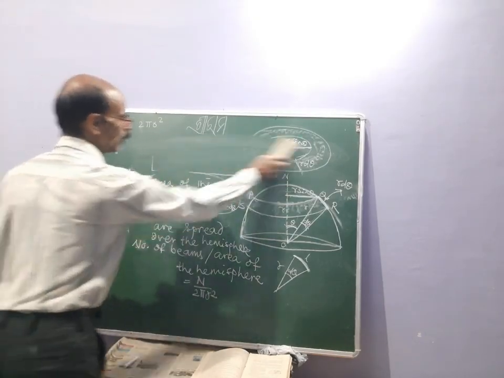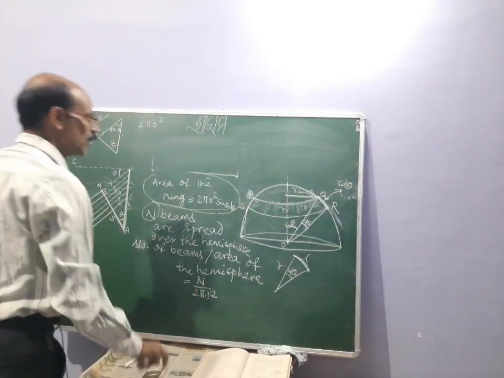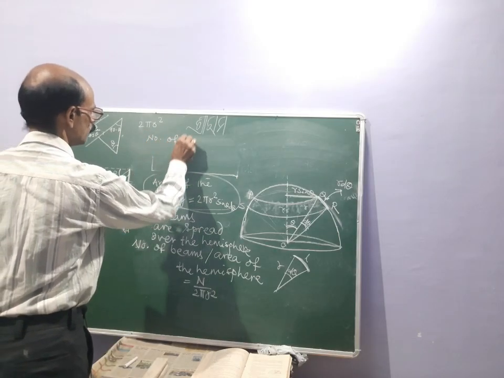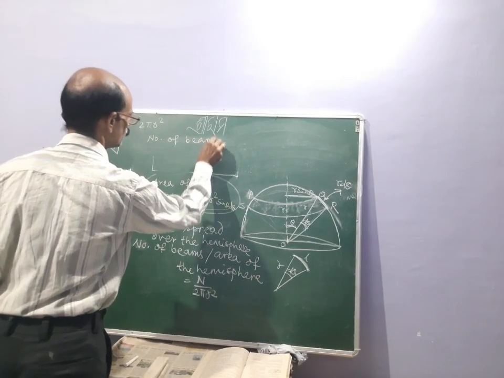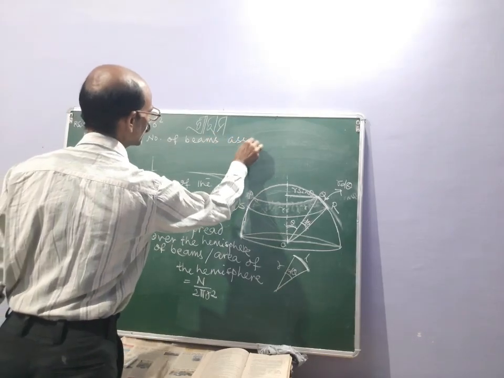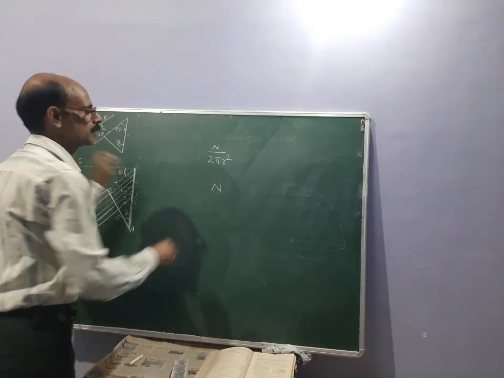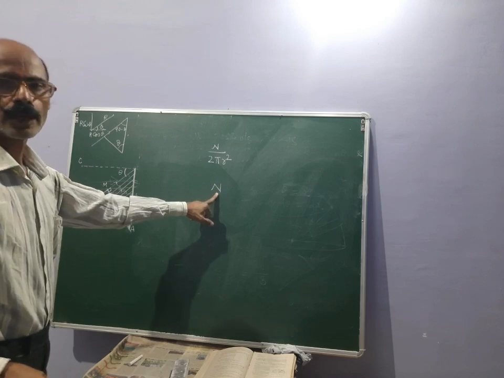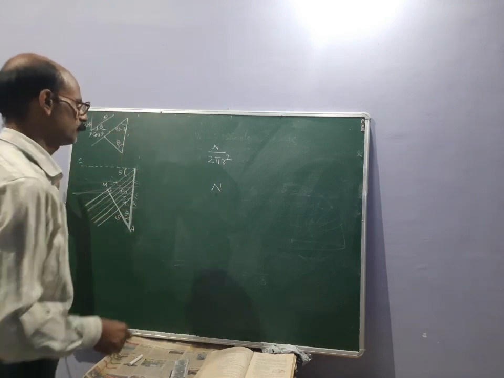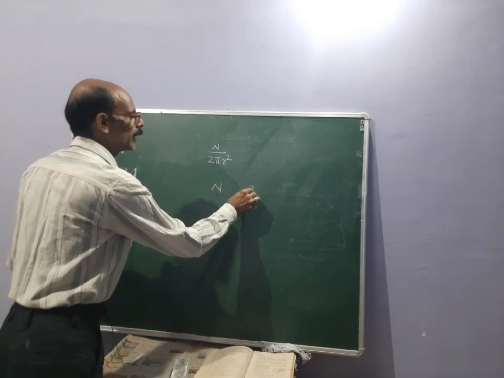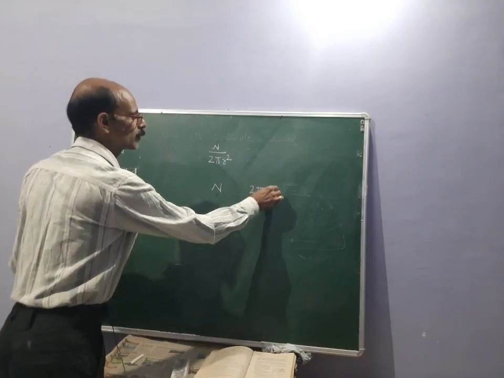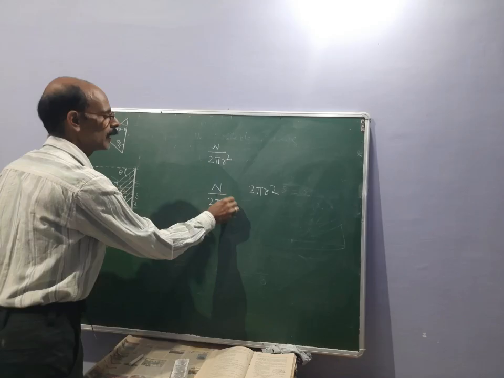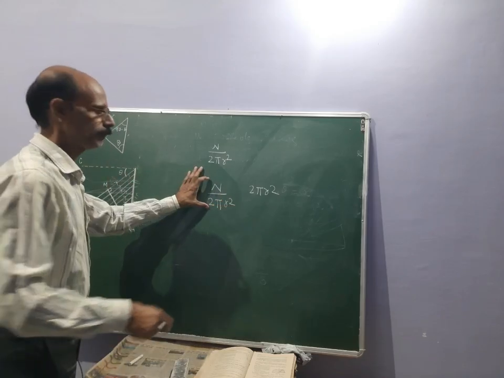See, n is the total number of beams associated with the whole hemisphere, and the area of the hemisphere is 2πr². Then n by 2πr² gives the number of beams per unit area.